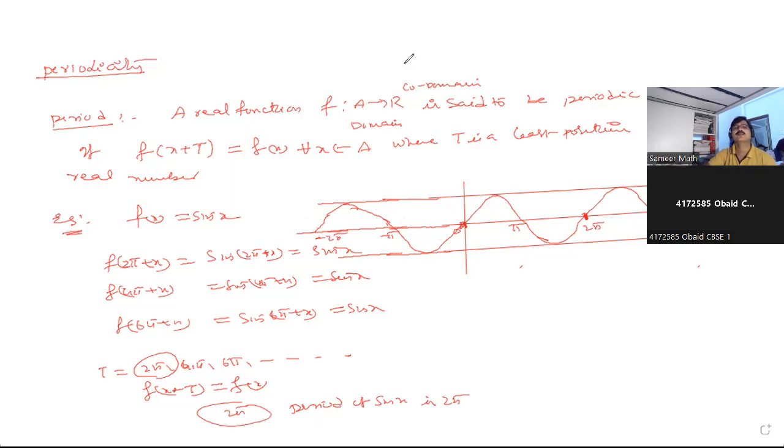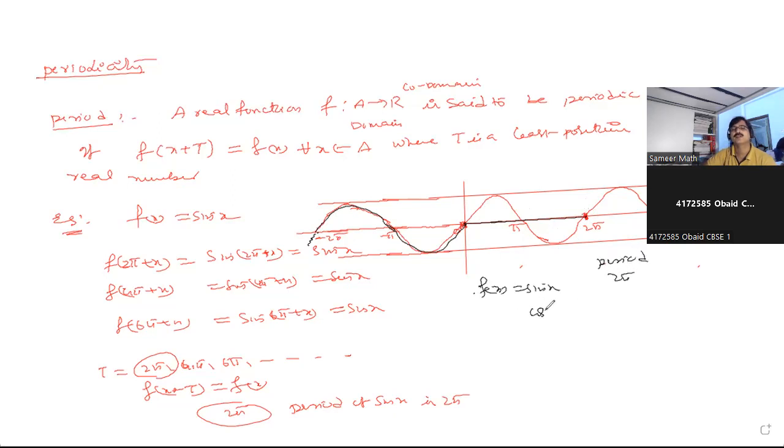The minimum length, what I'm saying here, this total length is 2 pi. In this length, whatever the shape is, finally that shape is repeated. You see this one? This is called the period of the function. That's the reason here f of x is sine x, then the period is 2 pi.